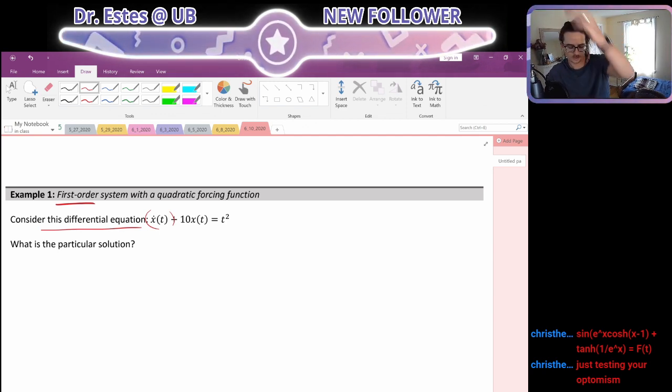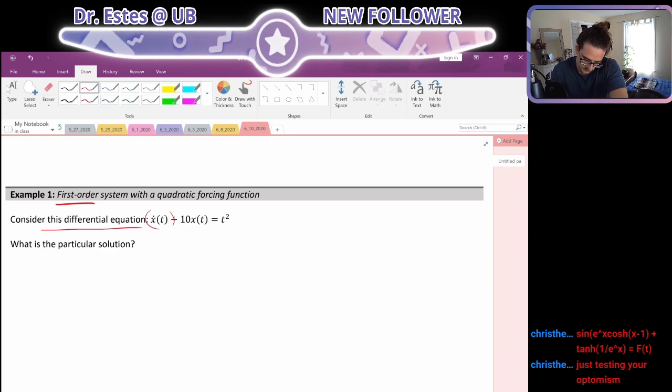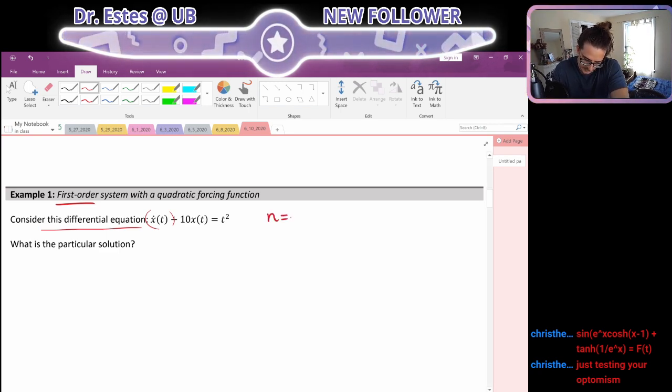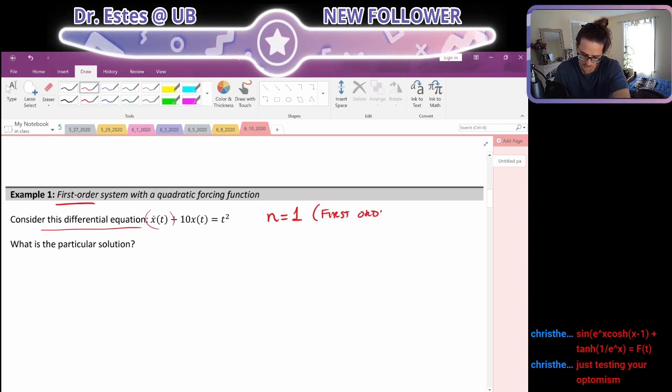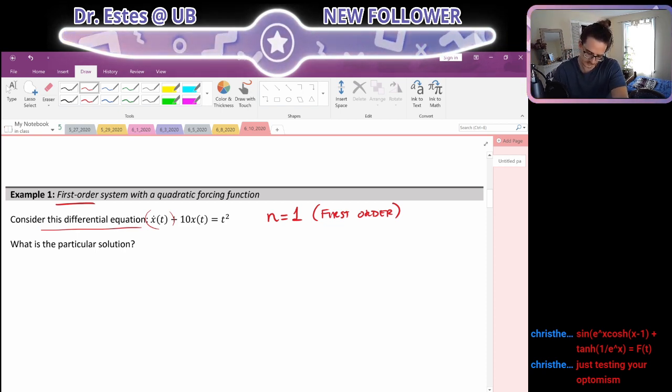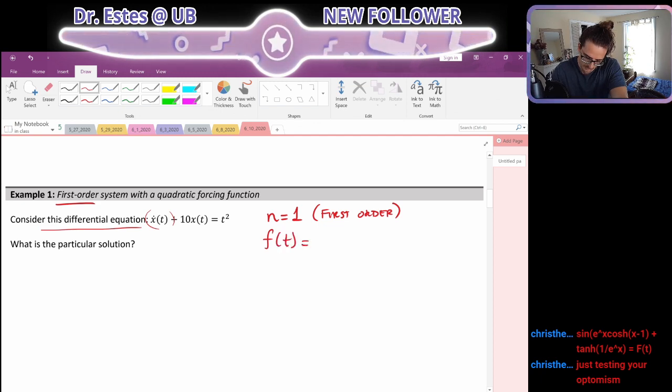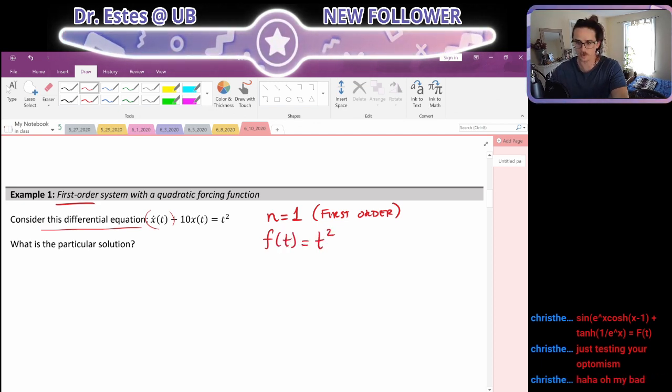Okay, so n equals 1 if we're relating up to the above. So we're starting kind of simple. And f of t equals t squared.